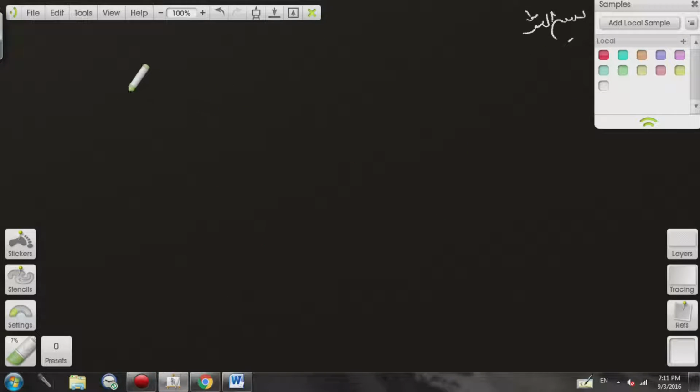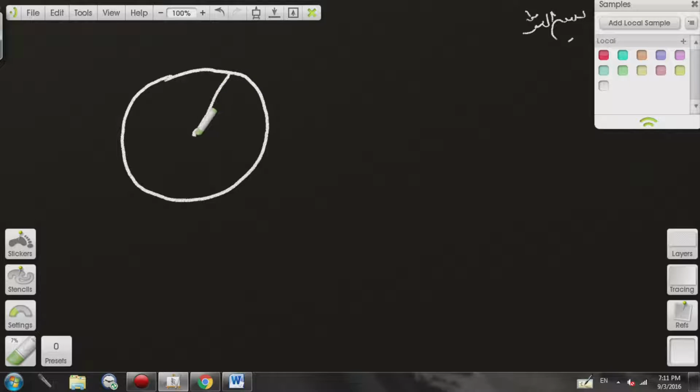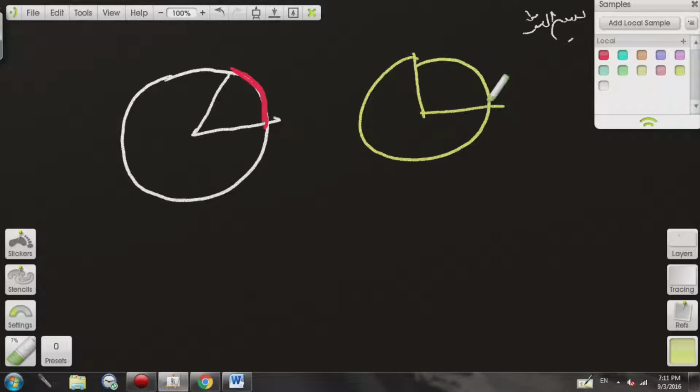Now look, when you have a circle like this, and you cut out an arc, the arc length is this, right? Remember that? If you want to find the arc length, if I give you a circle over here and I tell you I'm cutting it into 4 equal pieces, and this is 90 degrees, and the radius is 5, the circumference of the circle is 2 times pi times r, which in this case is 10 pi.